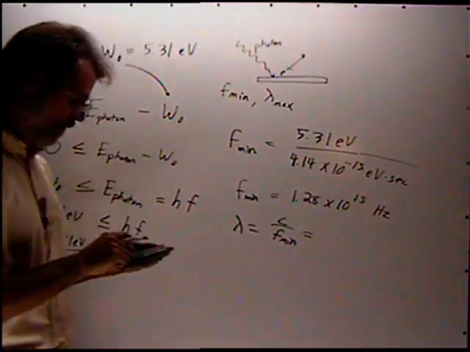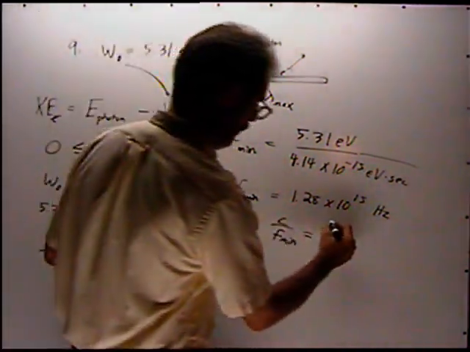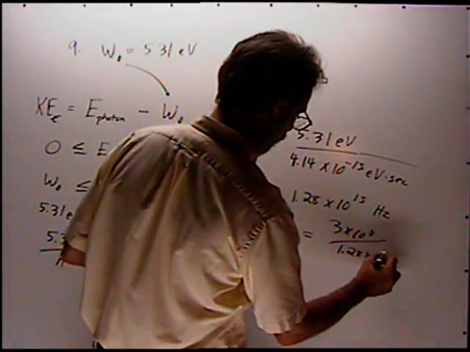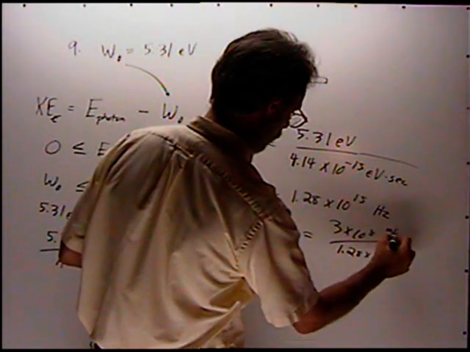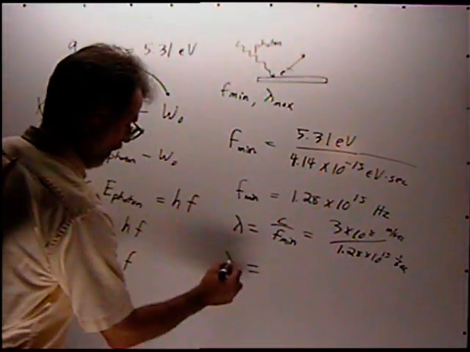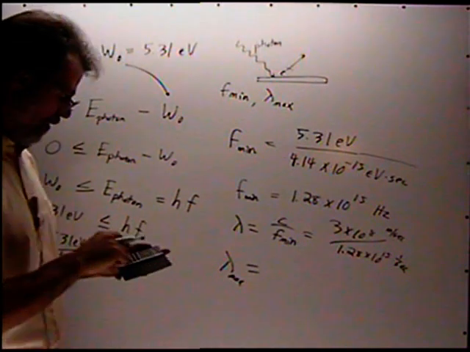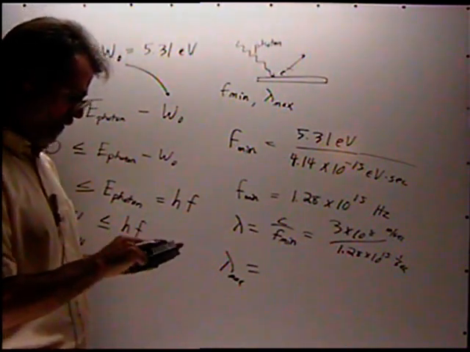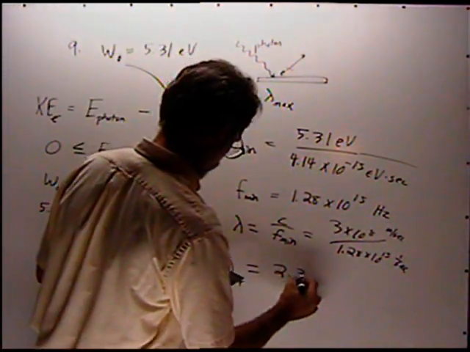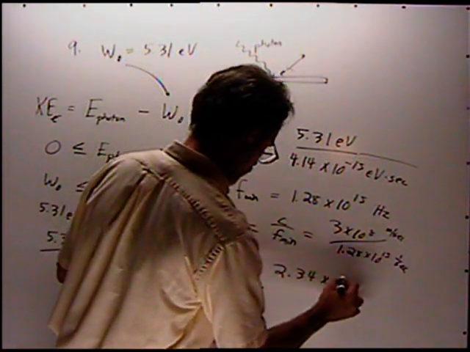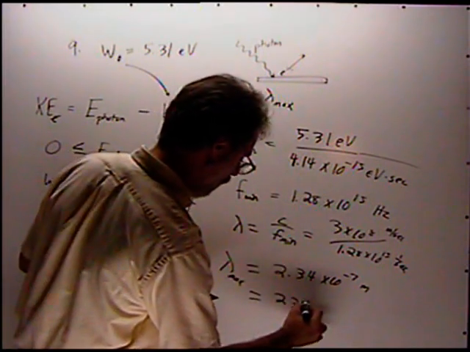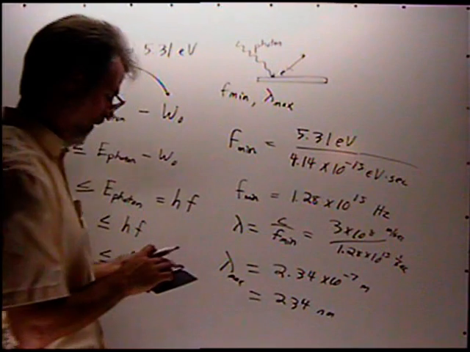So I take the speed of light and divide it by that number, and I get a maximum wavelength of 2.34 times 10 to the minus 7 meters, which is the same thing as 234 nanometers.